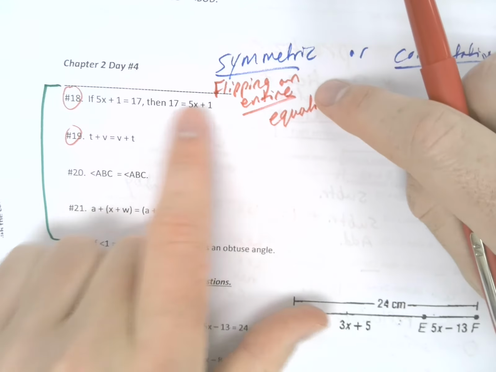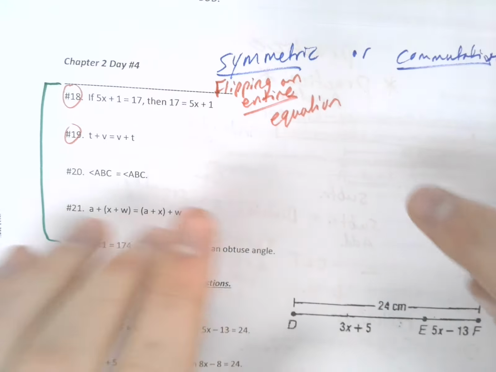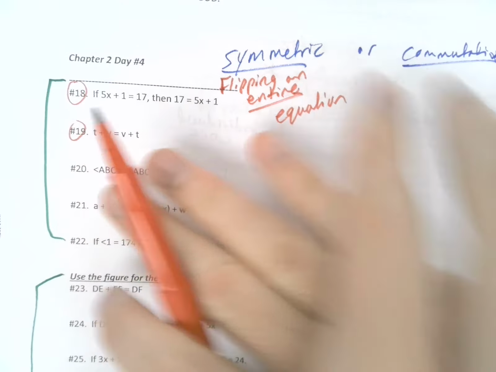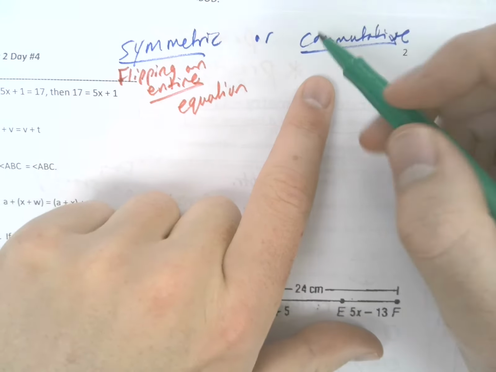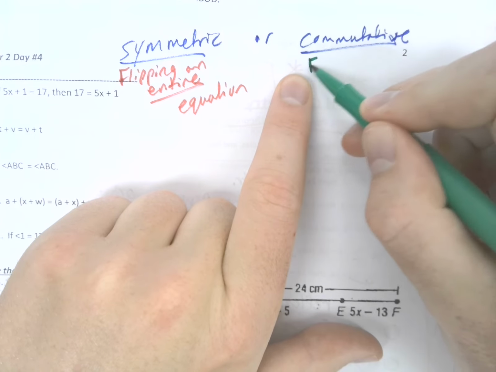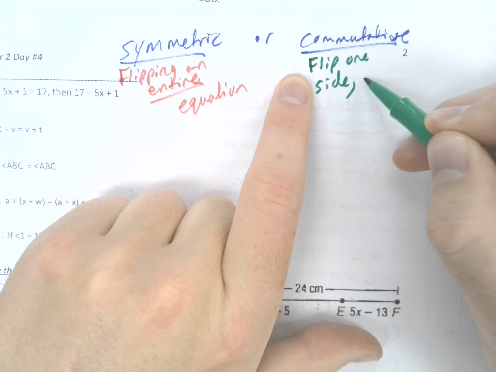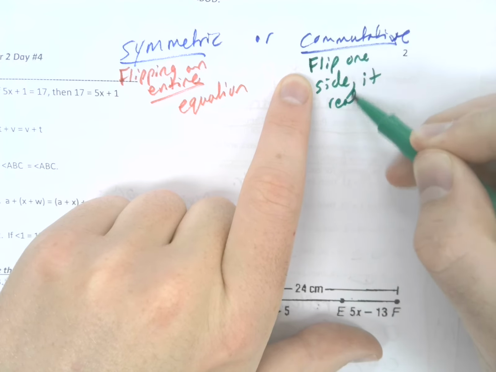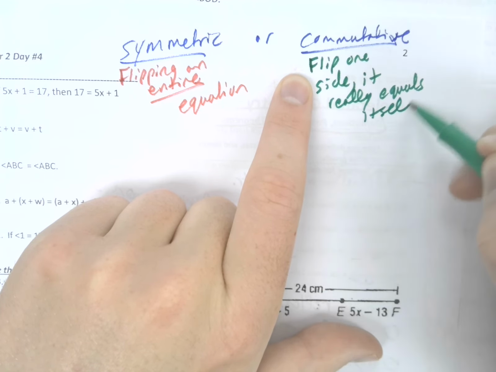Symmetric means that if you have an equation, we can completely flip that equation, both the left and the right side, and it's still the same thing. Whereas commutative is just saying, hey, if you flip one side, it really equals itself.